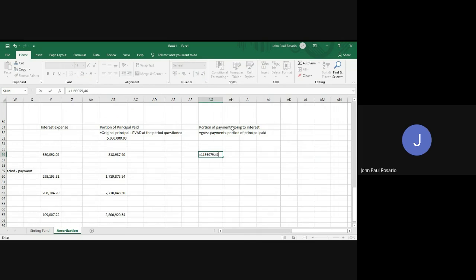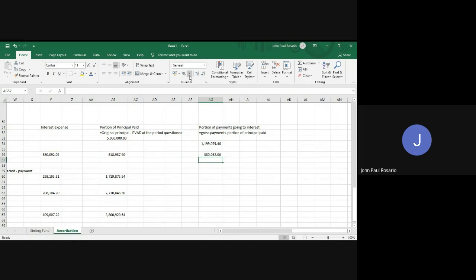There we go. Let me just put this here as a guide for the payments. Okay, so for year one, it's just one of this less the portion of principal paid. So this is the amount of interest paid for year one.